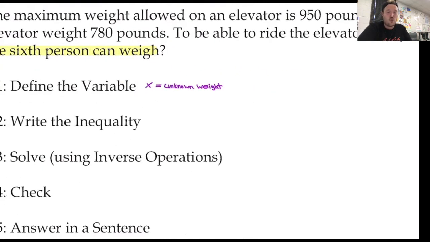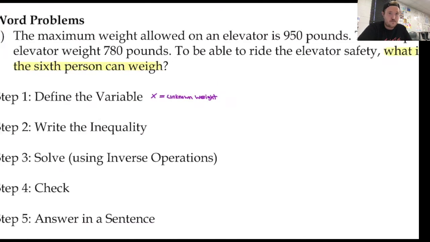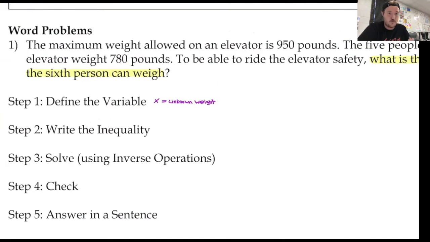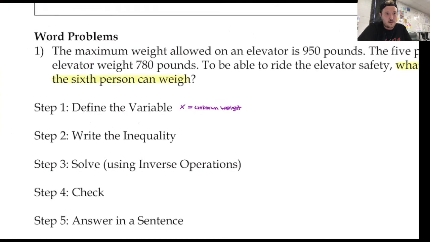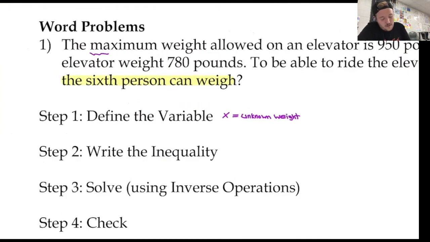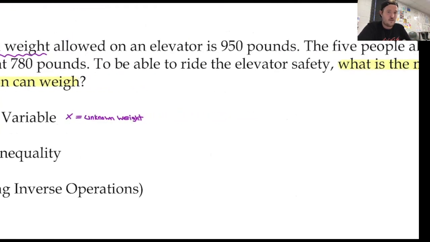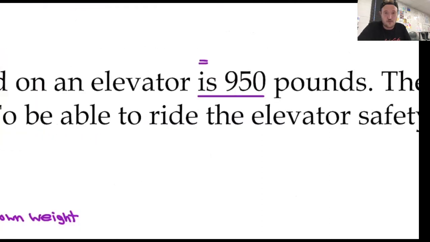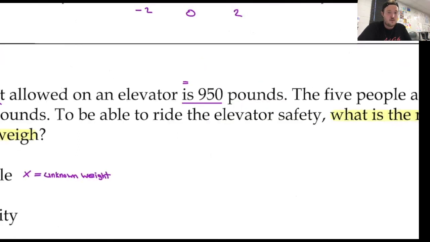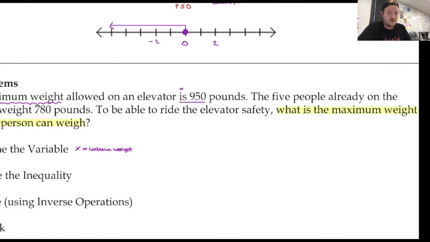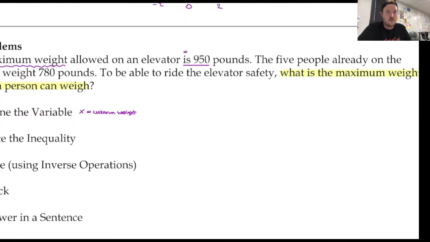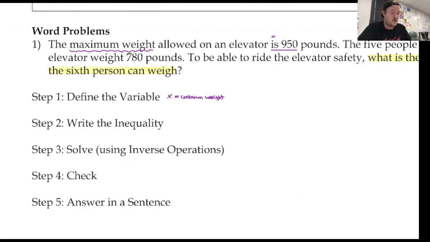So now we need to actually write out the inequality. This is where, as mentioned before, you really got to look at the context. So the maximum weight. We cannot go over the maximum weight. So the maximum weight on an elevator is. The key word here, that tells you we can be equal to it. So we can be a max of 950. There's already 780 pounds on the elevator.